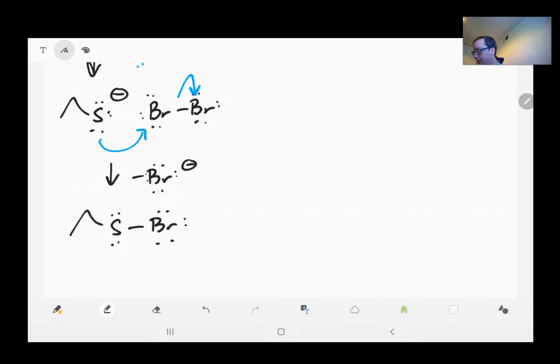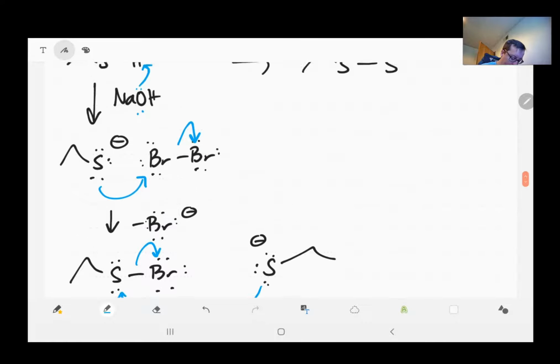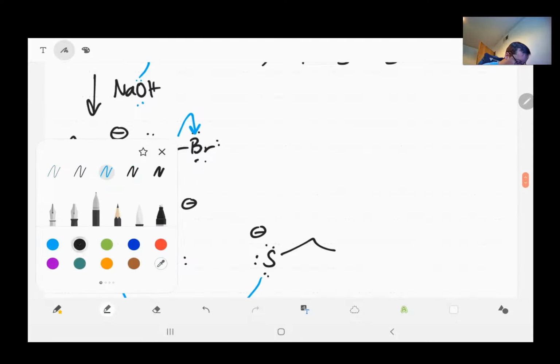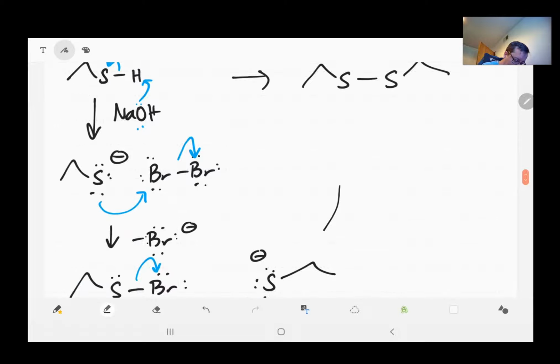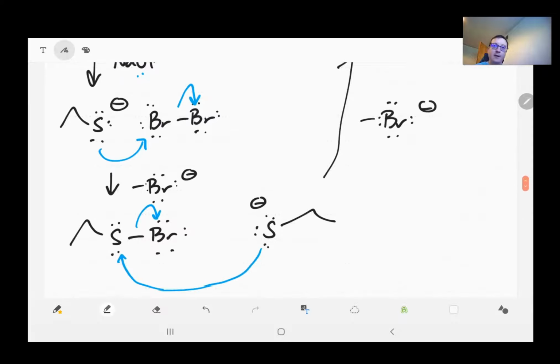And now we can take a second thiol, let's just say it's deprotonated already. Same thing with the NaOH, it'll just do that. It comes around here, attacks our sulfur, kicks out the bromine. I'm totally way far down here, but lo and behold, you get your product. You lose another bromide ion, and there you have it.